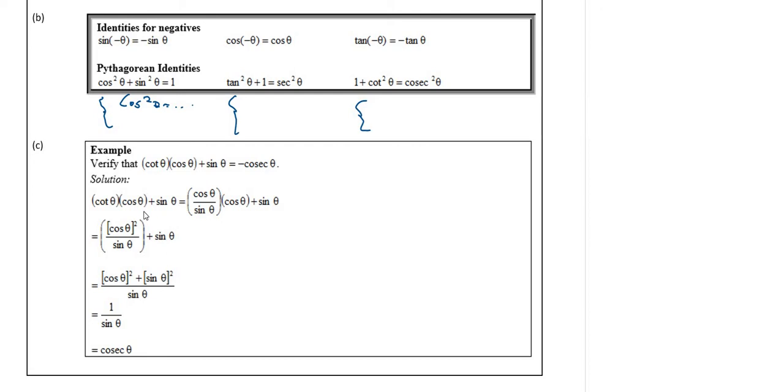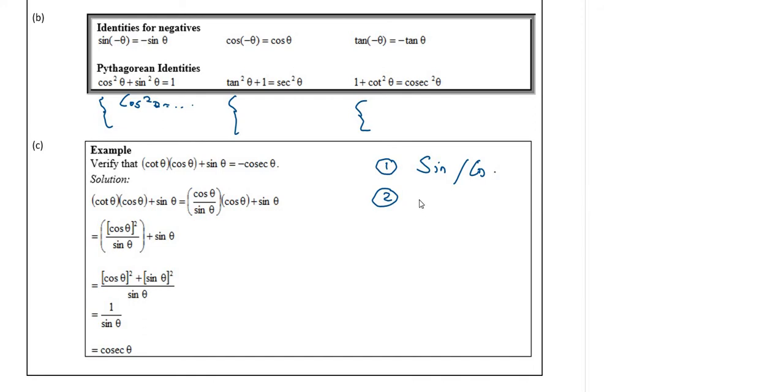Now, when we do identities, it's always good to first of all change everything to sine and cos. This is just a way, but it works nicely. Then secondly, make sure that you make one fraction on the left hand, depending on whether you started with the left hand side or the right hand side.